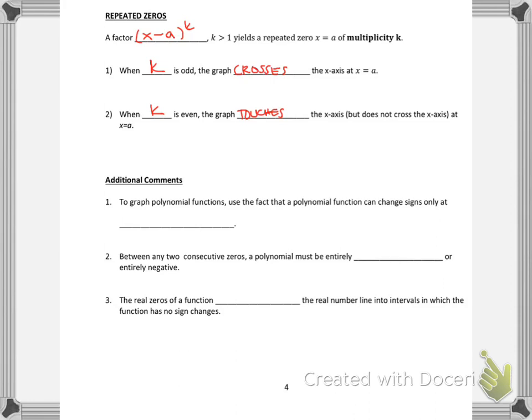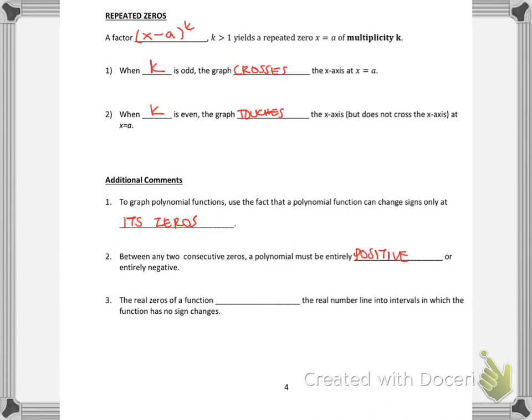Okay. So here are some additional comments. To graph polynomial functions, you need to use the fact that a polynomial function can change signs only at its zeros. Between any 2 consecutive zeros, a polynomial must be entirely positive or entirely negative.